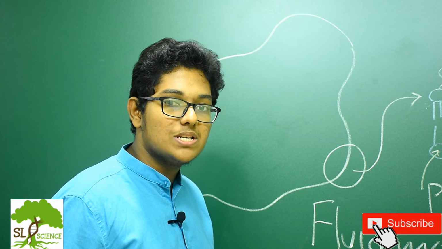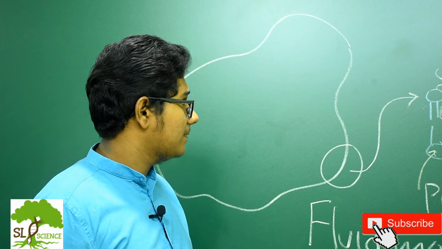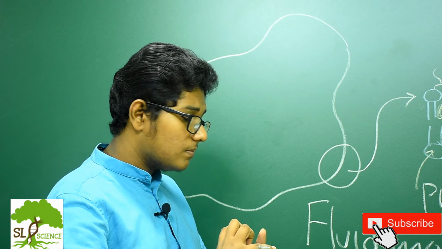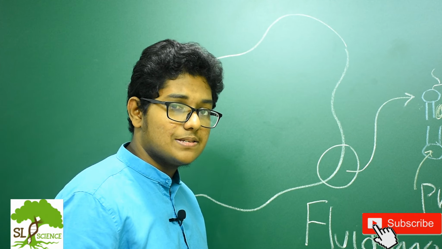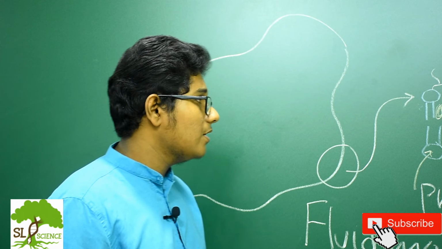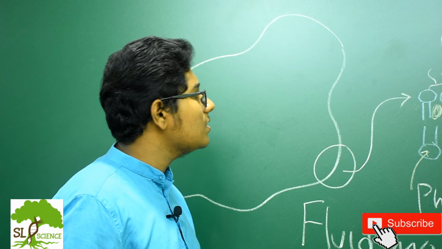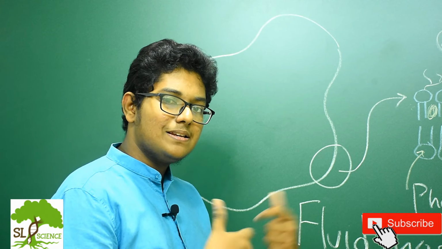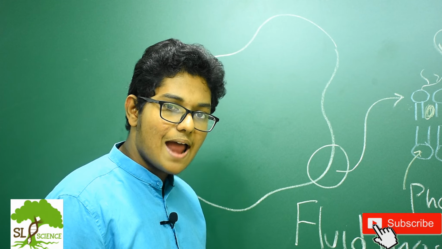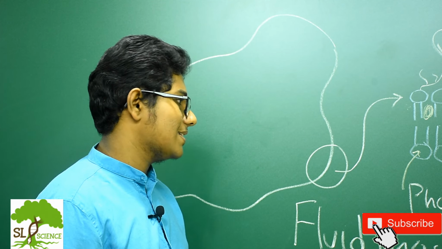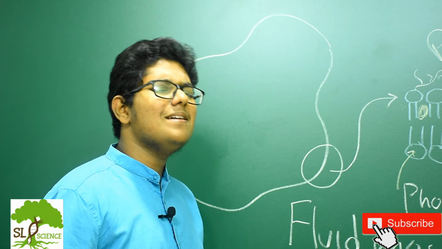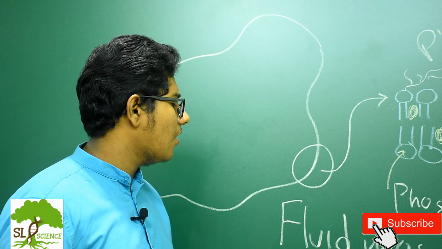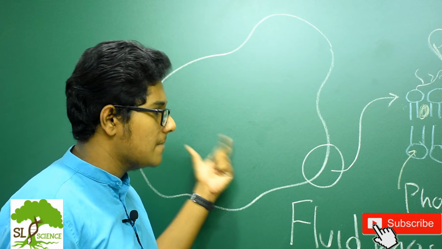It controls the ion balance inside the cell, and it controls the molecules coming into the cell and going out of the cell. Those are the main functions of the cell membrane.